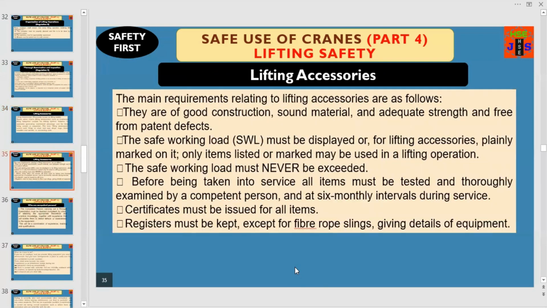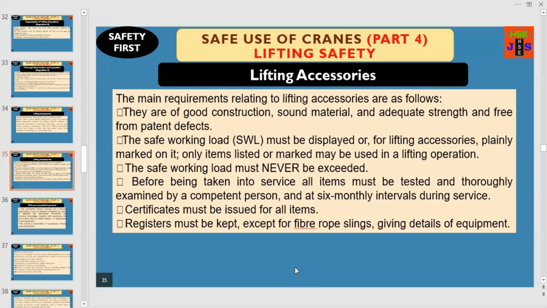The main requirements relating to lifting accessories are that they are of good construction, sound material, and adequate strength, and free from patent defects. The safe working load, SWL, must be displayed or, for lifting accessories, plainly marked on it. Only items listed or marked may be used in the lifting operation.